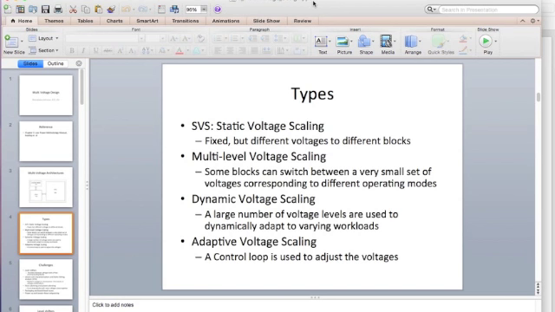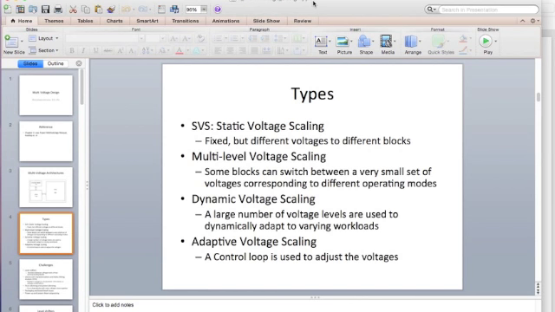In multi-level voltage scaling, some of the blocks can have a couple of different discrete voltage values depending on the power state the chip is in. There will be a very small number of voltage levels corresponding to the different operating modes of the chip.